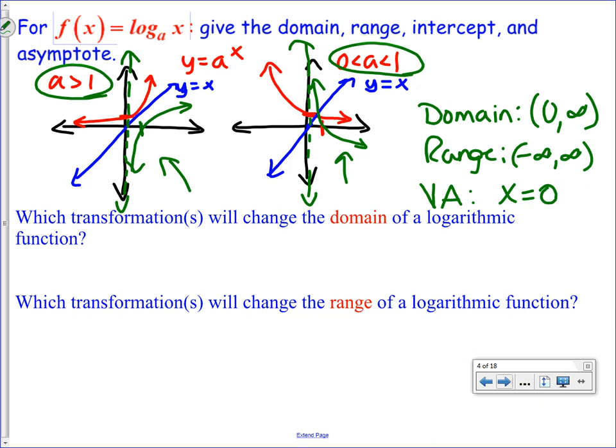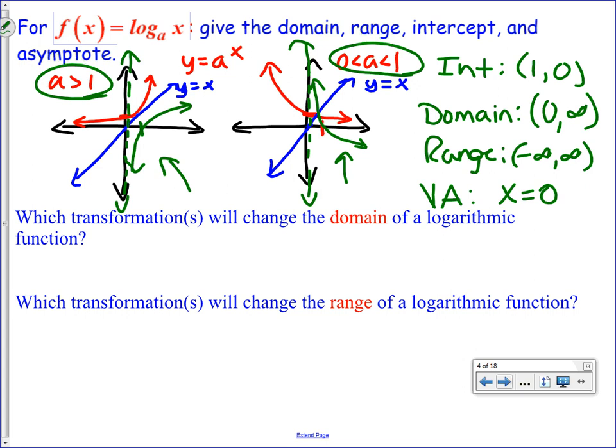Now, if you compare those to your notes from last night, looking at the characteristics of the exponential functions, you'll notice that your domain and range switch. And instead of an HA, there's a VA. And the intercept switches, that's important too. This graph has an x-intercept of (1, 0), where your exponential function has a y-intercept at (0, 1).